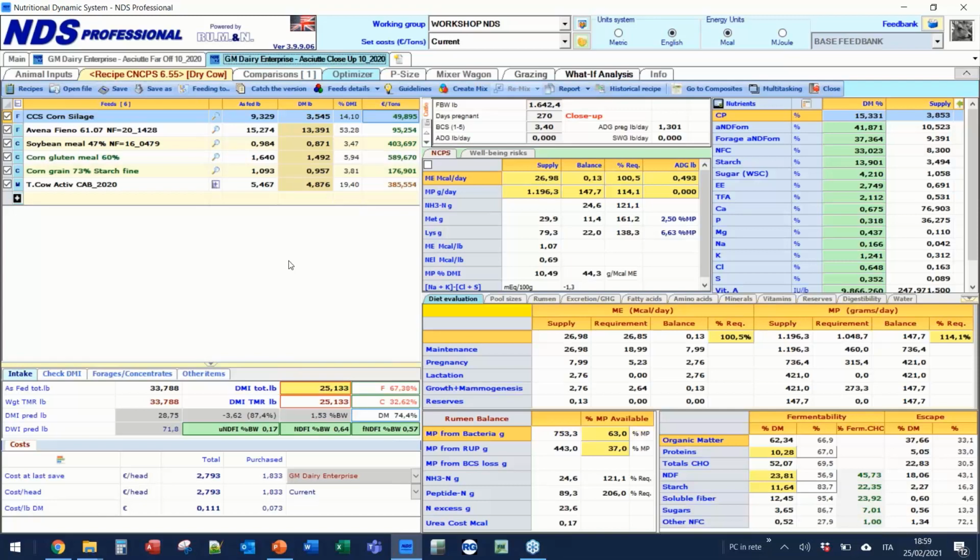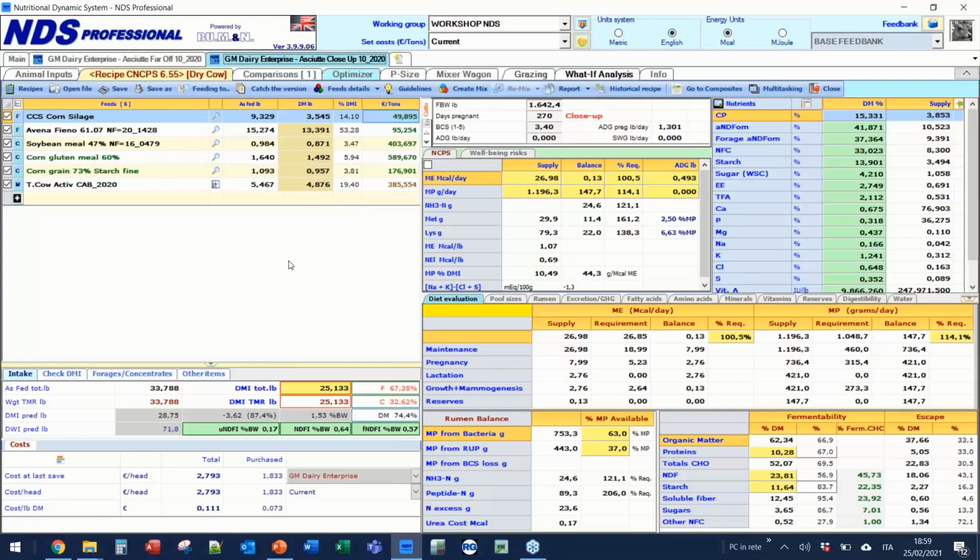If we provide the minimum amount of metabolizable protein, maybe 1,200, 1,300, we have the possibility that within the group, some cows eat less, so that they will eat a lesser amount of metabolizable protein.